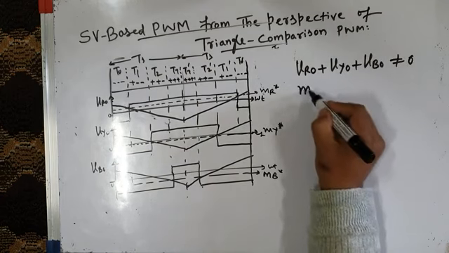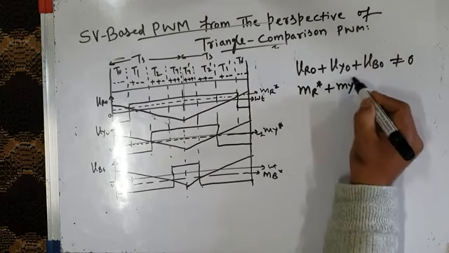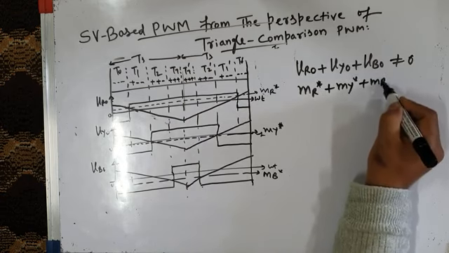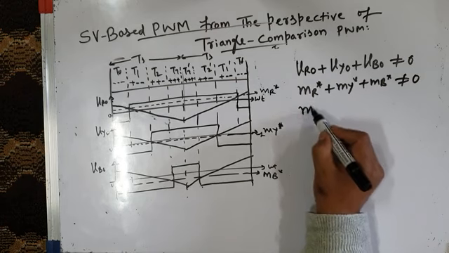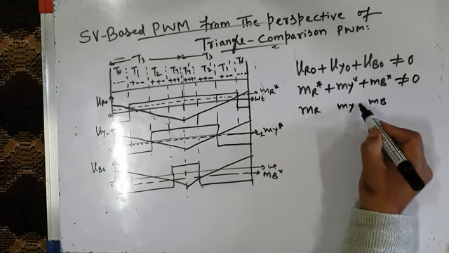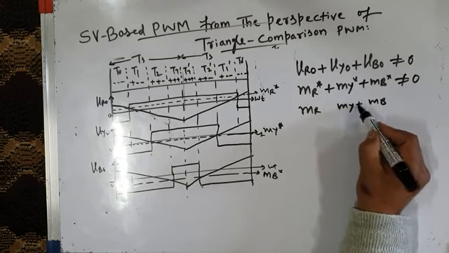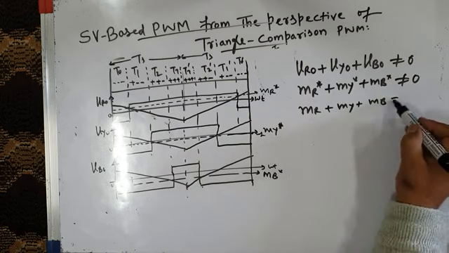And similarly, the sum of the three modulating waves, MR star plus MY star plus MB star, is also not equal to 0. If your modulating waves are sinusoidal, say MR, MY and MB, as in sine triangle PWM, which we have studied in the last class, then the three sinusoidal waves are balanced waves, and their sum is equal to 0.